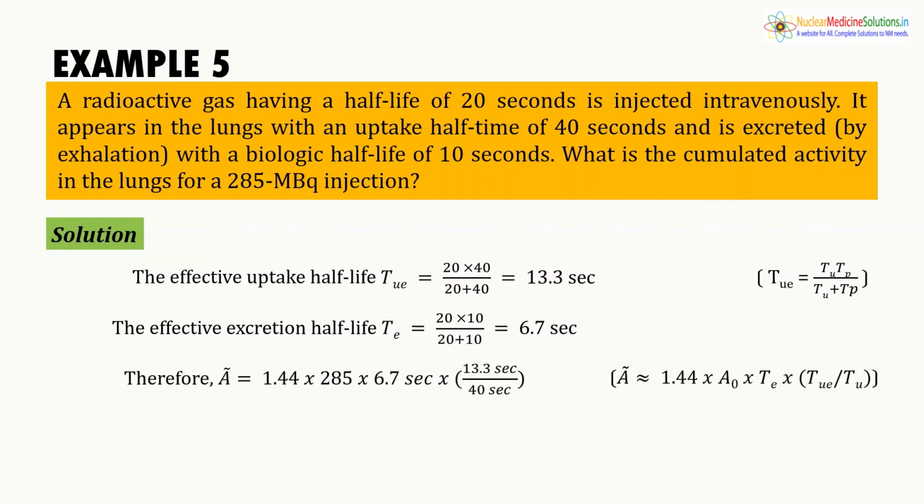Therefore A tilde will become 1.44 into 285 into 6.7 seconds, which is the effective excretion half-life TE, into 13.3, which is the effective uptake half-life, divided by TU, 40 seconds, which is the uptake half-life given in the question. So A tilde will become 916.6 MBq into seconds.